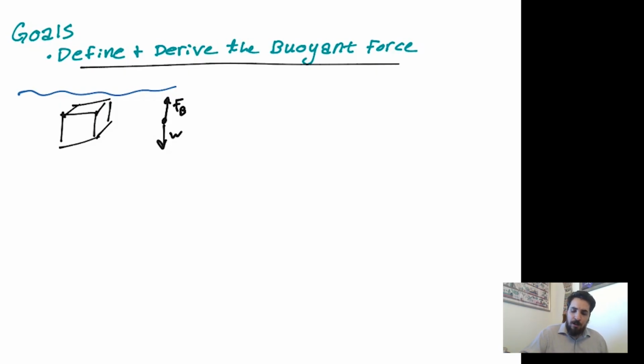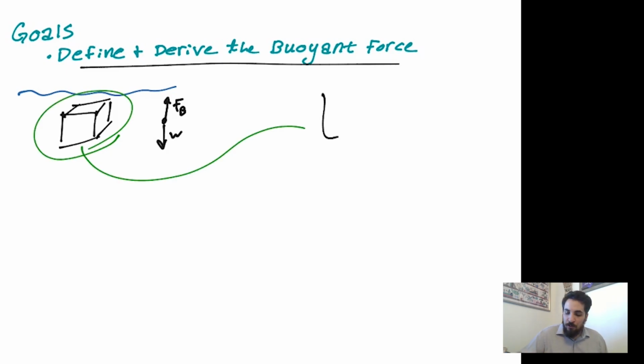To understand where it comes from, we take a look at this cube and we zoom way in, right? We're going to zoom way into perhaps the bottom surface of this cube. And on the bottom surface, we have the molecules of the cube themselves, whatever the cube is made out of, molecules. And then we also have inside of the fluid molecules that make up the fluid as well. And these molecules that make up the fluid are more free to move.